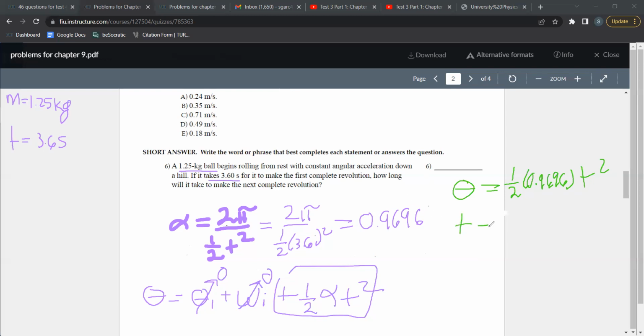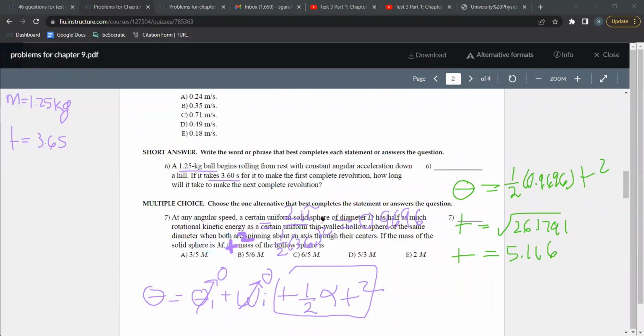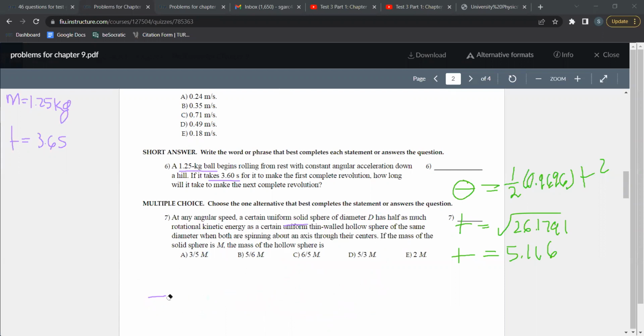Okay, so now we just manipulate the equation like so. We get our time isolated, and it ends up being the radical of 26.1791. And now our final t will equal 5.116.